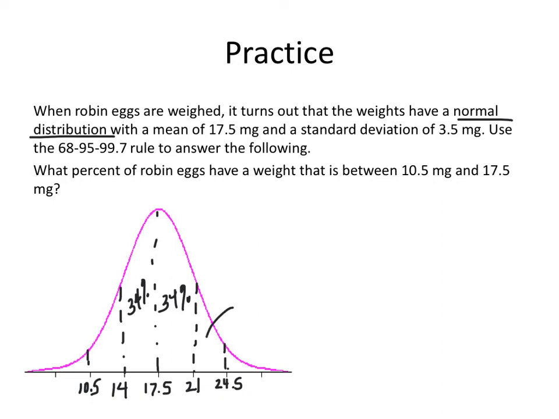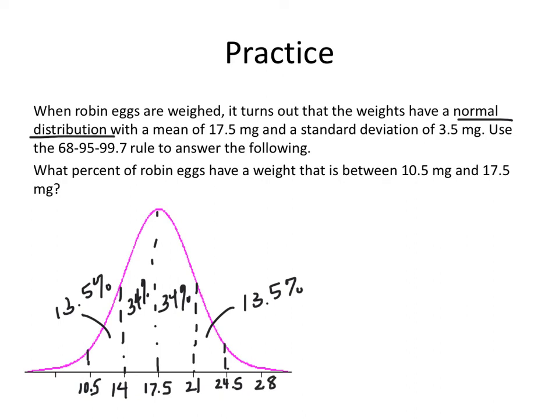And we know in that part we have 13.5% of the data. And in this part we have 13.5% of the data, because that's true for every normal distribution. If we keep going, we could say, all right, we add 3.5 to 24.5 and we get 28 milligrams.